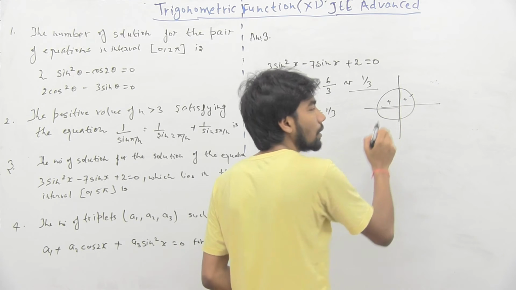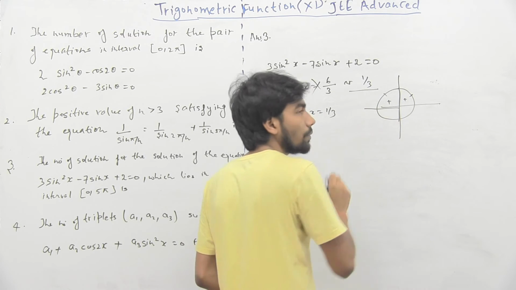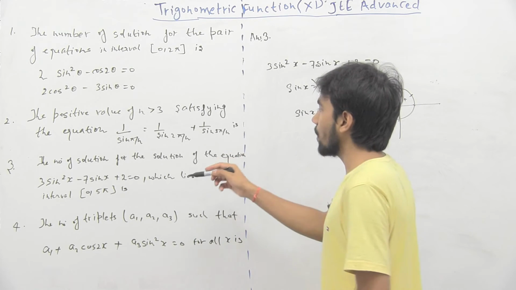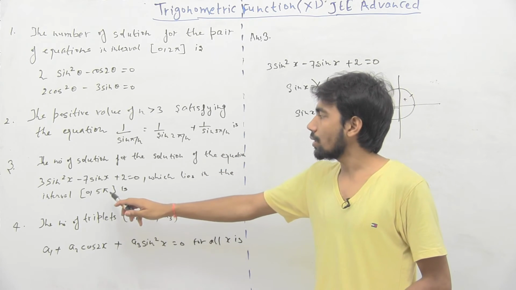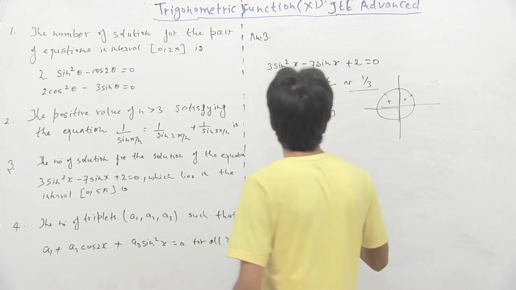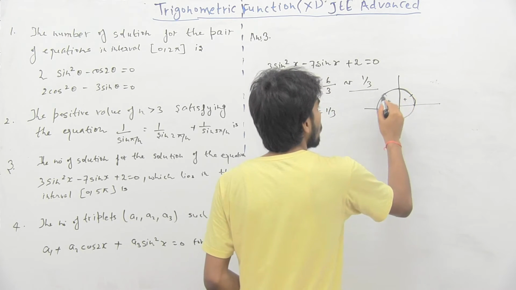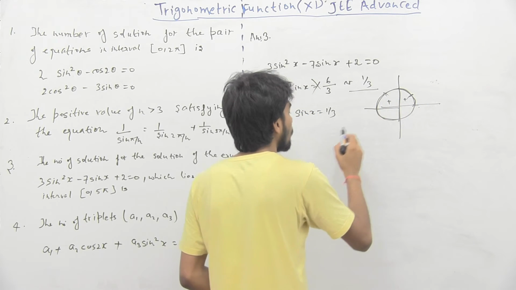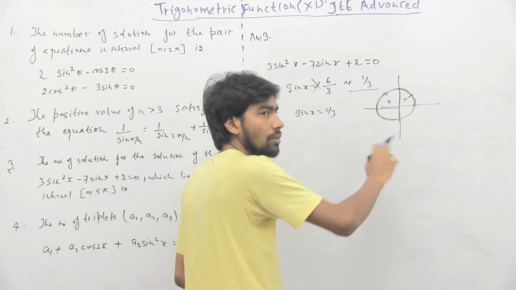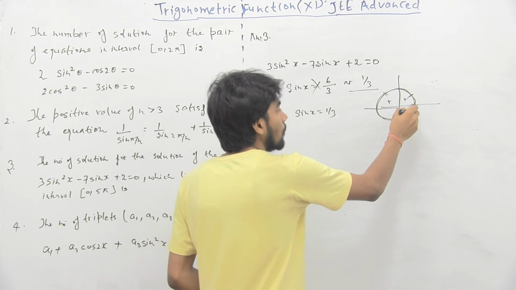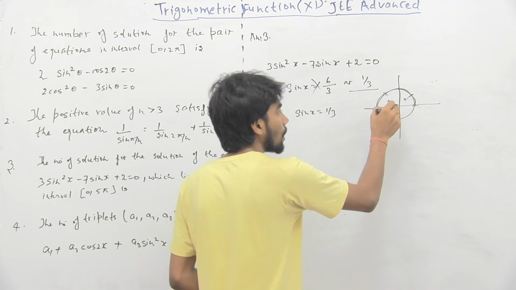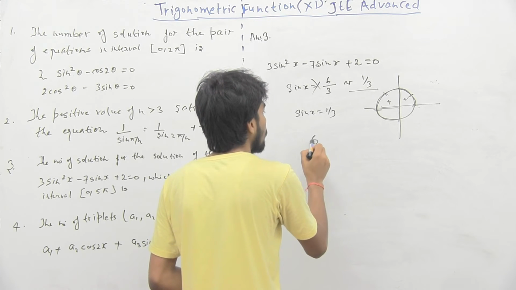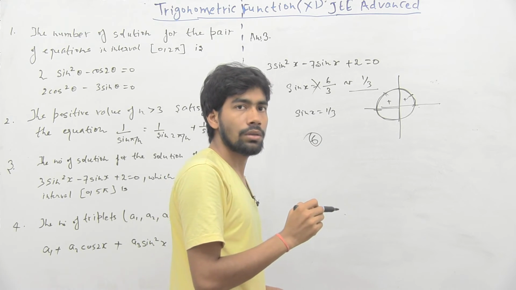So here it will give one solution, here it will give another solution, and since we have to find the values between 0 to 5 pi, we will again have values in these both quadrants, and we will have a third value in these quadrants, so the total number of solutions will be 6.